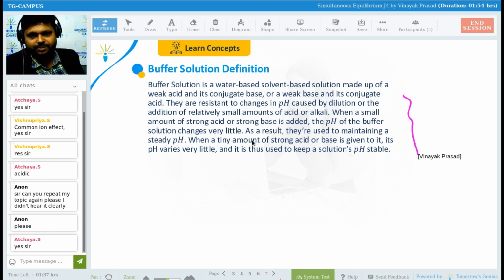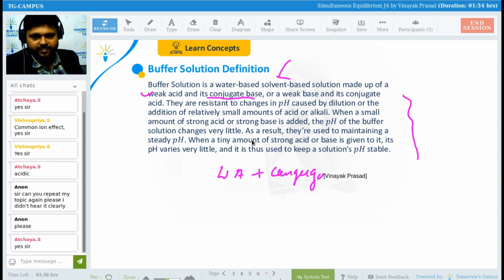So we will be seeing some more points about this buffer solution. What? Buffer solution is a water-based, solvent-based solution made up of what? Weak acid and its conjugate base. So weak acid and what? Or weak base. See, guys. First of all, what? Weak acid and conjugate base. First is this. Second is what?